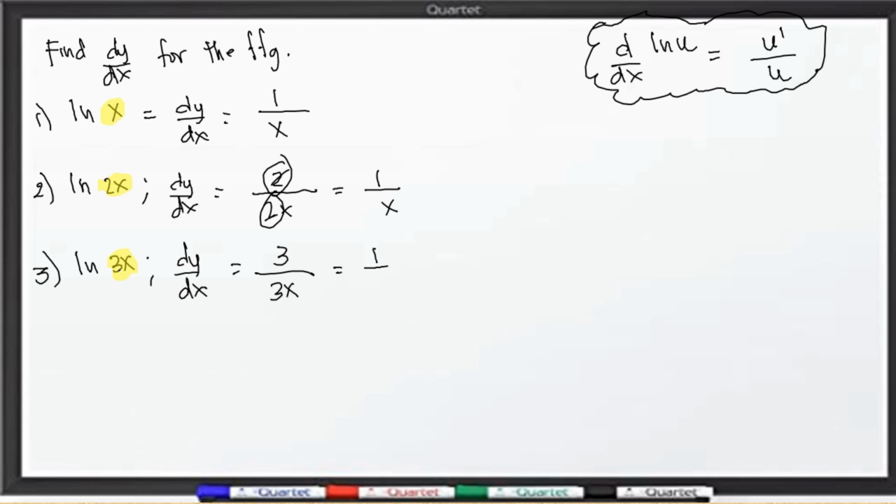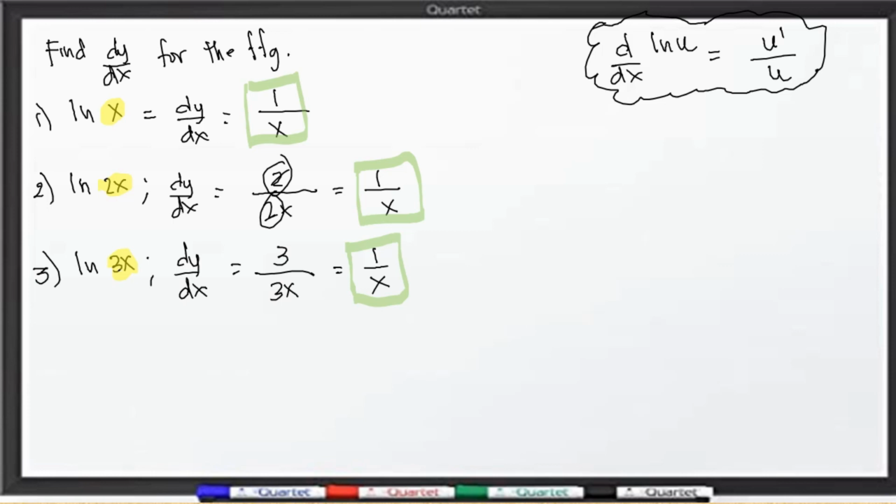Therefore, 1 over x. Kung mapapansin po natin, lahat po ng ating derivative ay nagiging 1 over x, regardless kung ano yung numerical coefficient ng x. So, kapag ka po may nakita kang ln of x, 2x, 3x, 4x, kahit siguro maging 100x, 1 over x po.